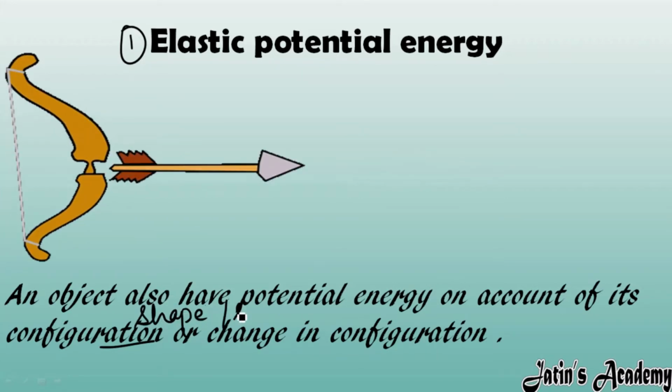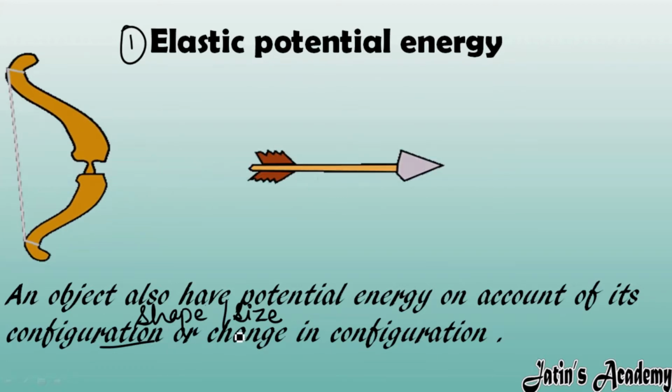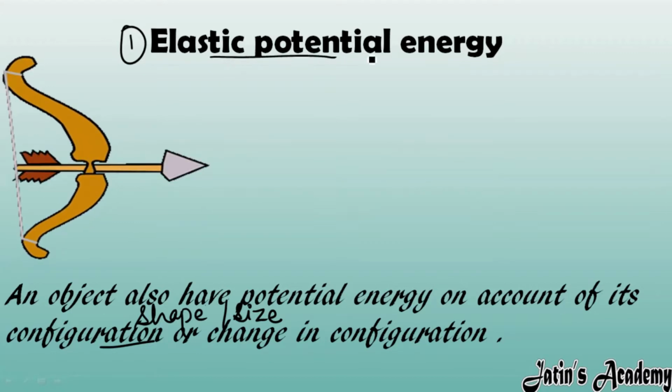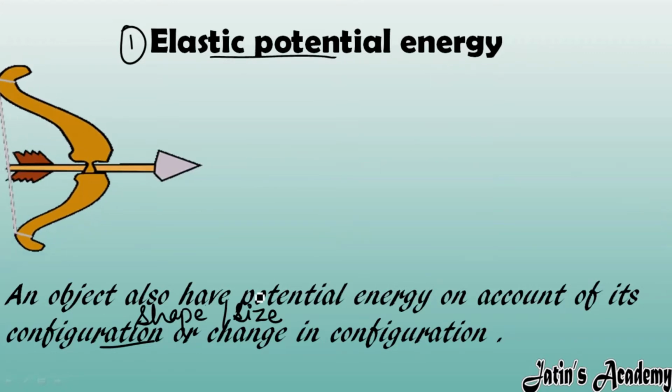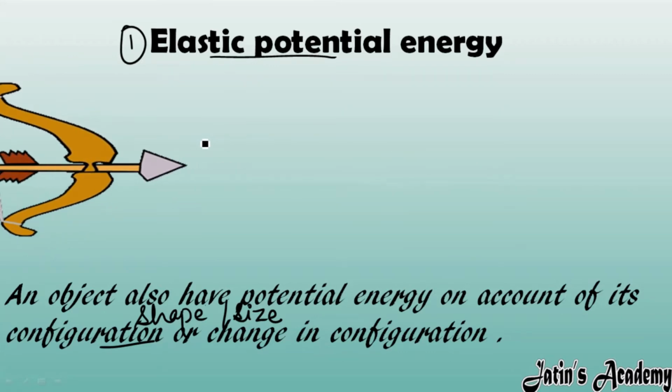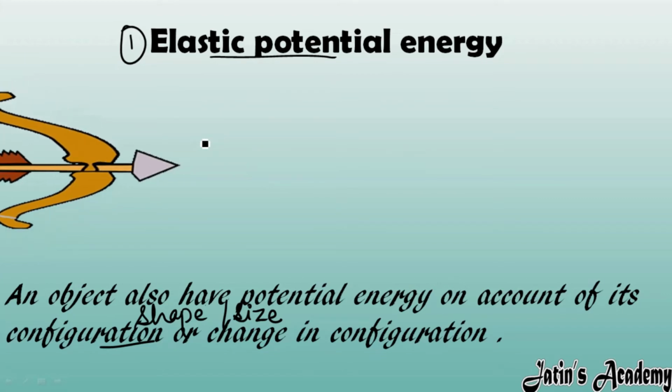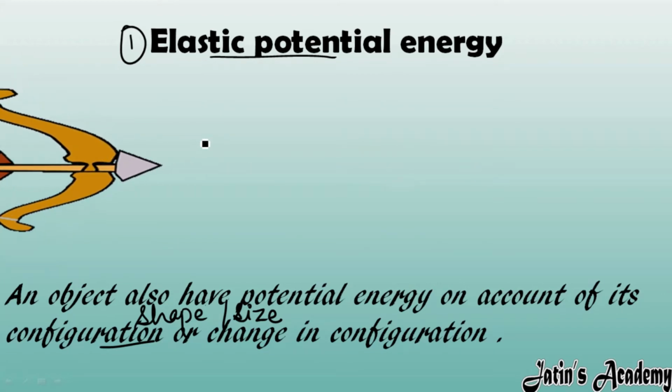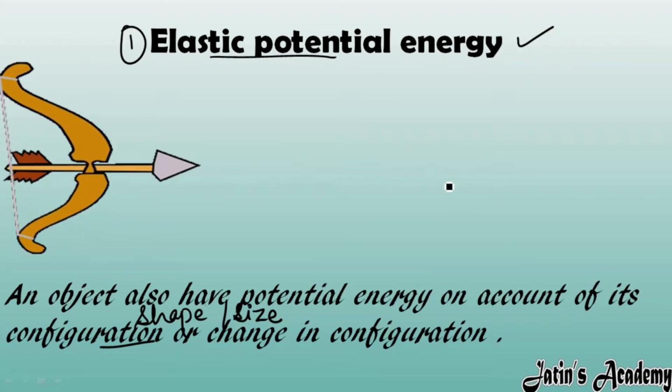If any object is changing its shape and size, then elastic potential energy is stored in that object. Elastic means whenever an object is changing its shape and size. So due to its configuration, if any object has energy, then it has elastic potential energy.